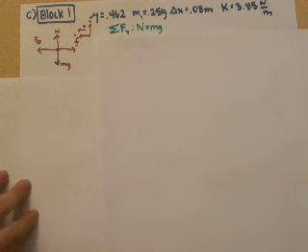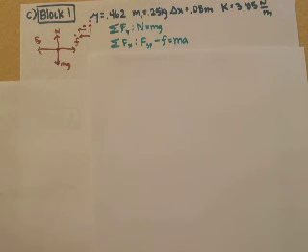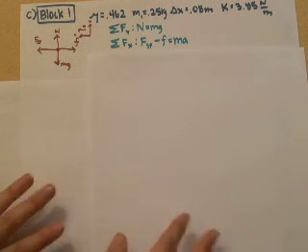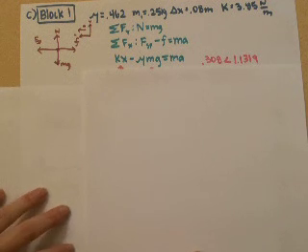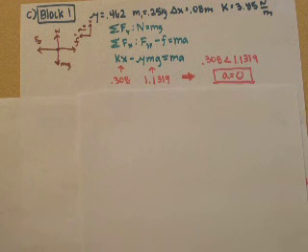For the forces in the y, N equals mg again. Forces in the x, the force of the spring minus friction equals ma. Using the same equation, when I plug in my numbers, again for the force of the spring I get 0.308, and for friction I get 1.1319. The friction is greater than the force of the spring, so again, we have no acceleration.